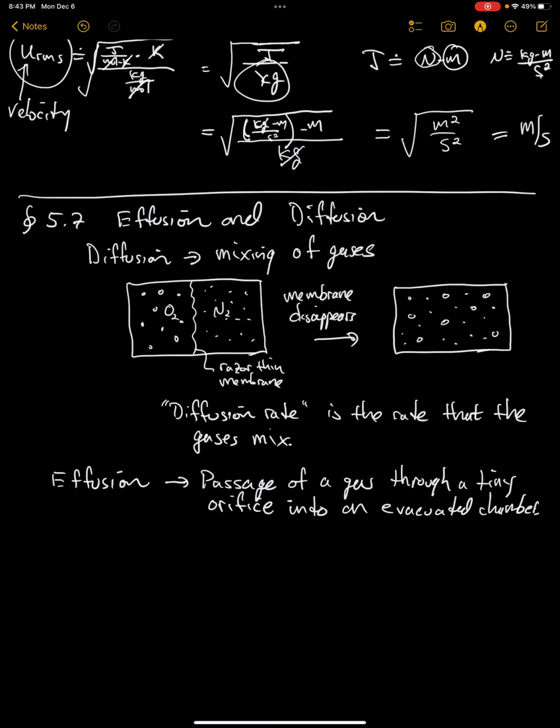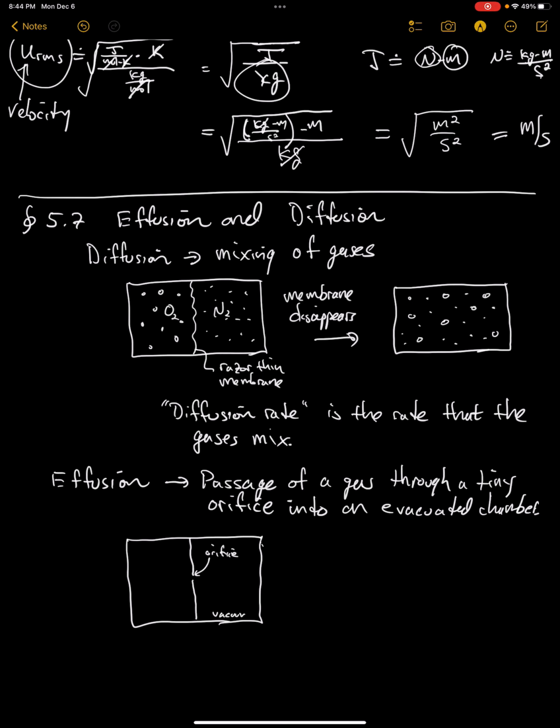Okay, so again, if we want to visually draw this, we have a tank. And now there's a solid separation between the two halves of the tank. But there's this little tiny orifice that creates a hole in the plate separating the one side of the tank, which is evacuated.